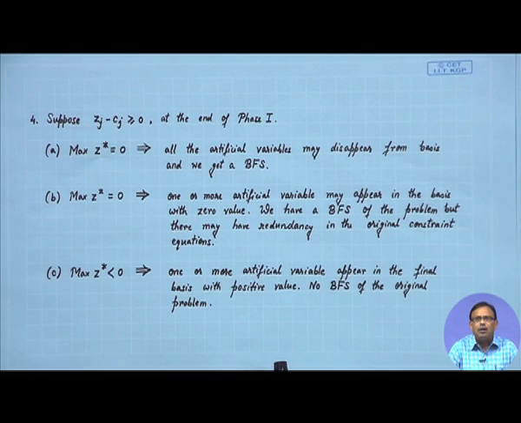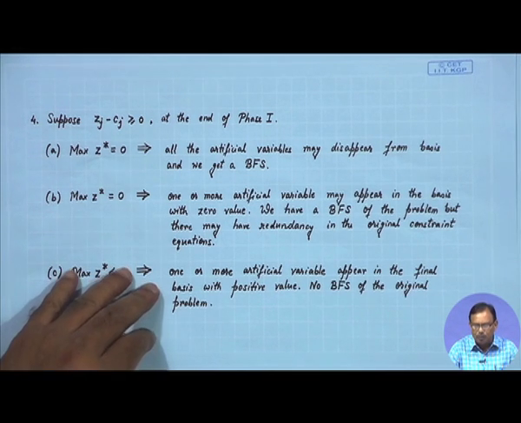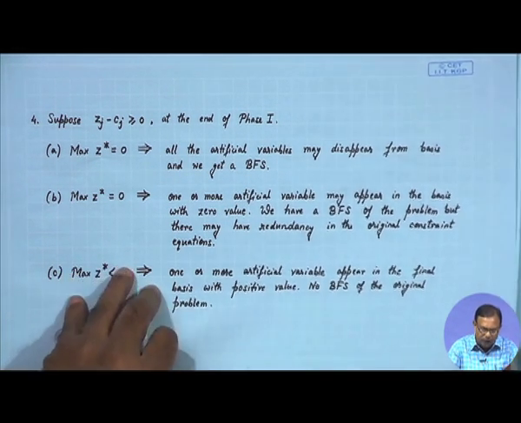This means that some redundancy is there in your constraints, whereas z star less than 0 means there is no solution of the original problem, because z star less than 0 means one or more artificial variables will appear in the final basis with a positive value, that is, greater than 0.